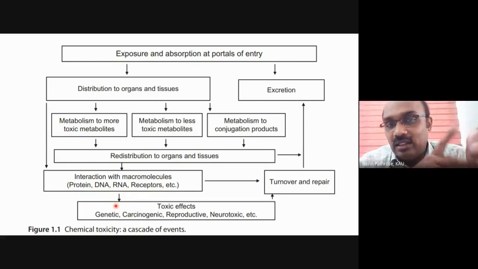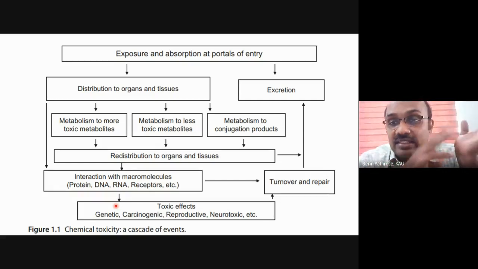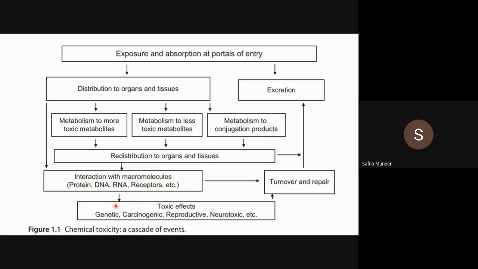At all the steps in between, it can be excreted. If it is excreted in between steps before interacting with macromolecules, the toxicity of the pesticide will be decreased. Sir, clear?